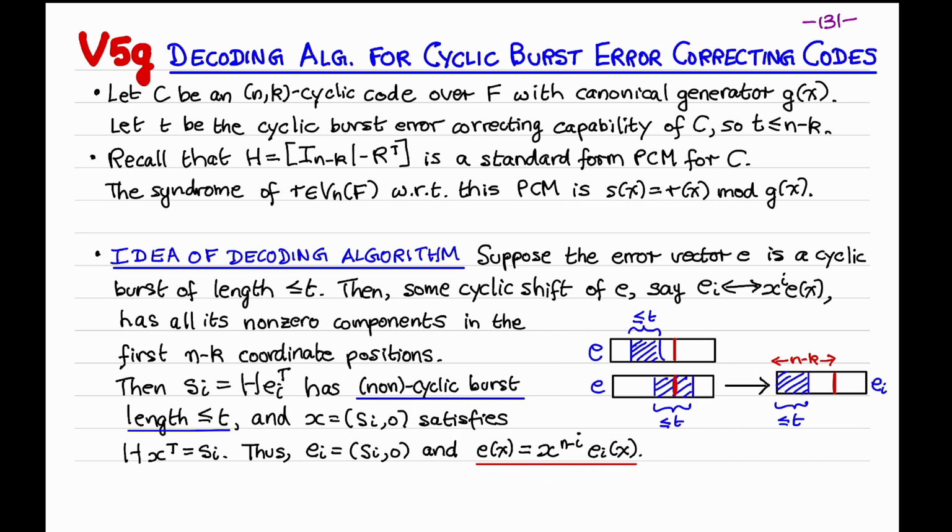So our decoding algorithm will compute syndromes of cyclic shifts of E until the syndrome is a non-cyclic burst of length at most t. When such a syndrome S_i is encountered, we know that the shifted error vector looks like this, and we can obtain the error vector from this expression.